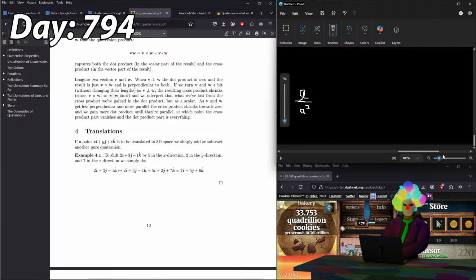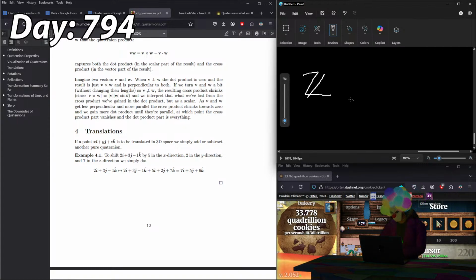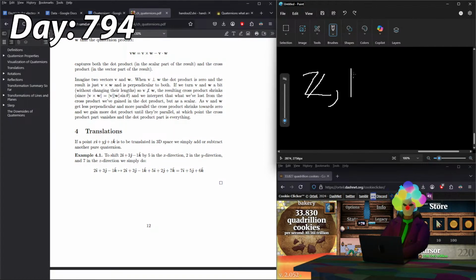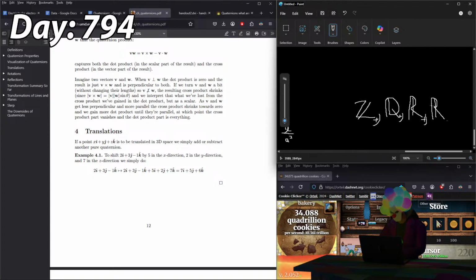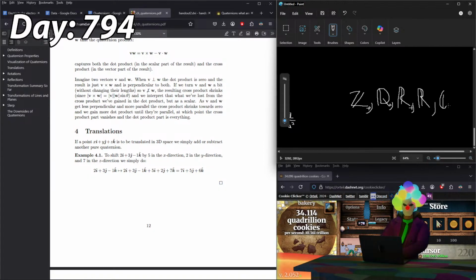We start with good old-fashioned positive integers, then go through Z, Q, R, C, H. Quaternions are H because Q is taken.